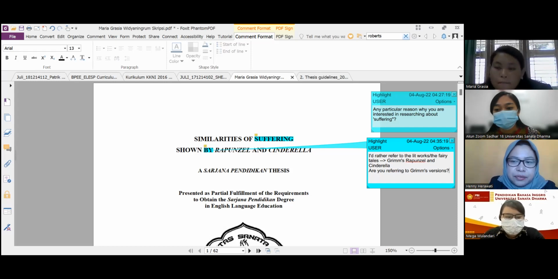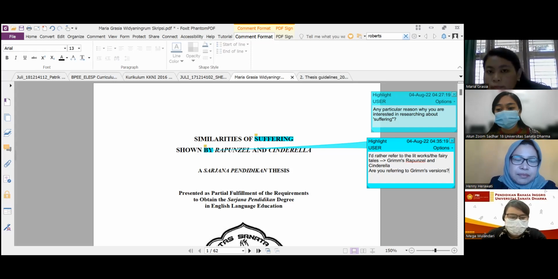Now the Grimm brothers wrote the stories down, but actually there was a source mentioning that the stories were there already, so they were passed down, and then the Grimm brothers wrote them down, printed, and then published.